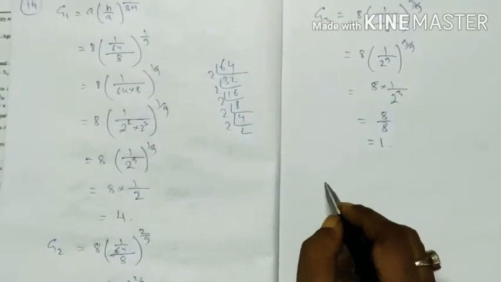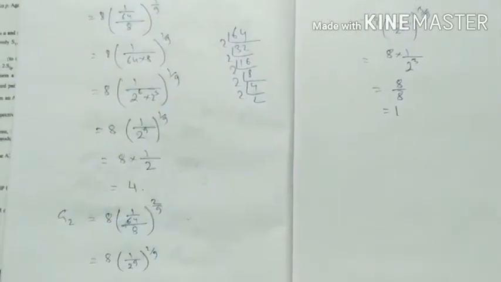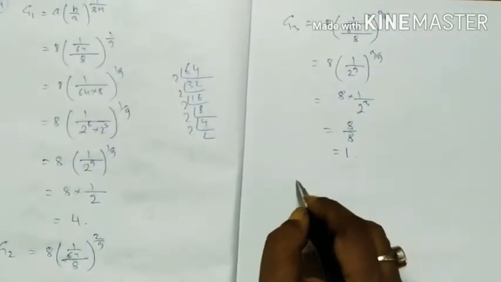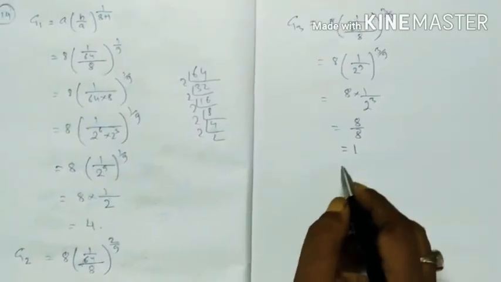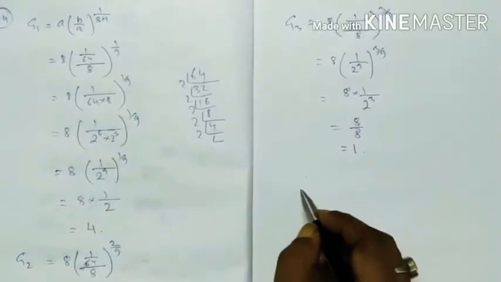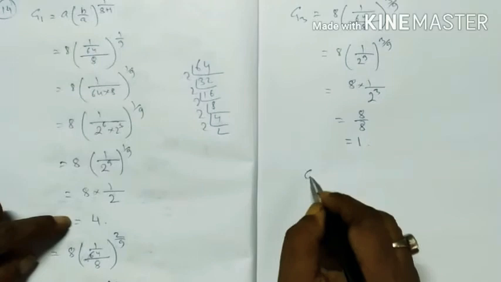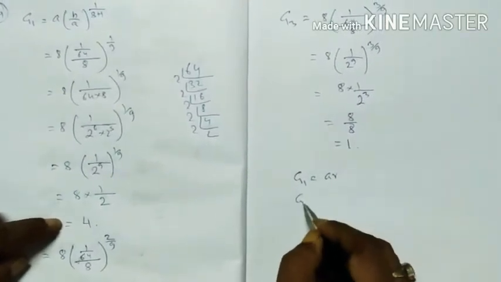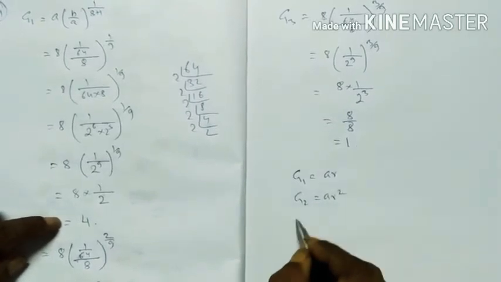So your common ratio is 1 by 2. So I can go like this: common ratio is 1 by 2. This is G1, it is AR. G2 is AR square.